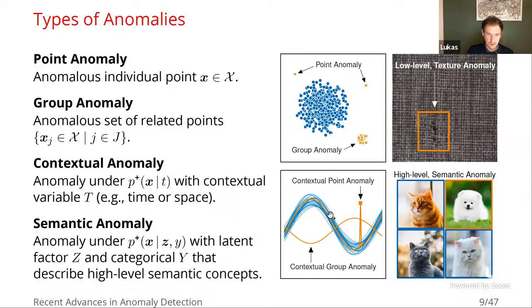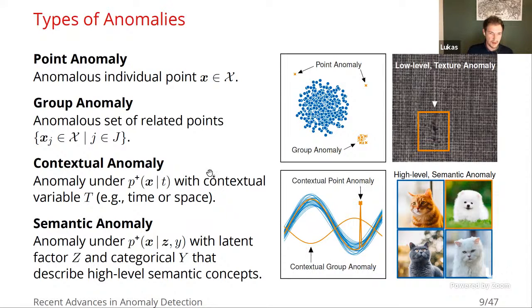And what's relevant here is that although the individual points in the series do not fall outside the normal region of the time integrated stationary distribution, they are anomalous in a given time context. And so, for instance, here a group anomaly would be a subseries or subsequence.